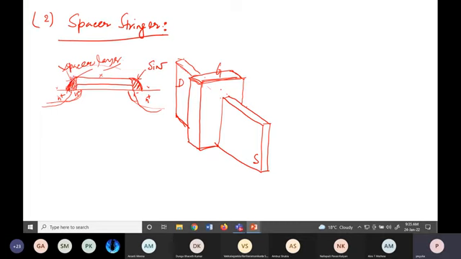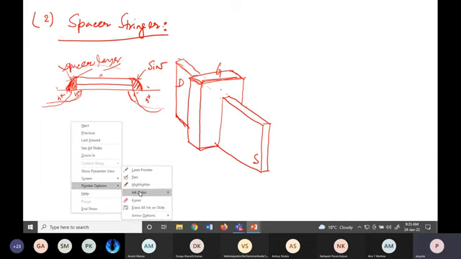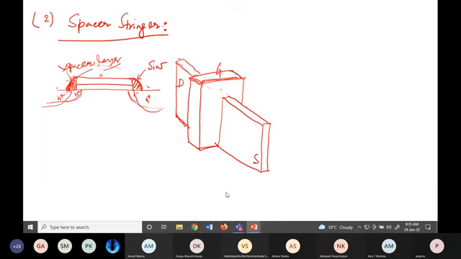Now, when you create this spacer layer in this 3D kind of structure, there will be a spacer layer not only around the gate but also around the drain and source. Why? Because drain and source are now also vertical, you see.